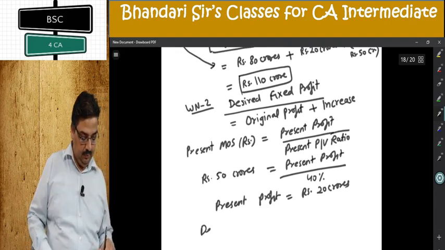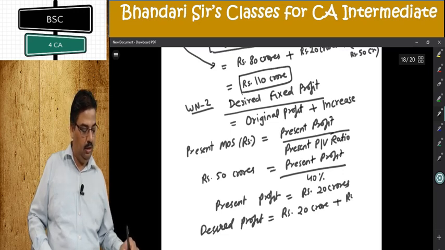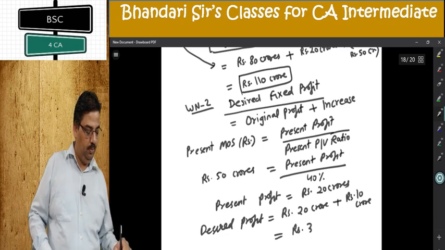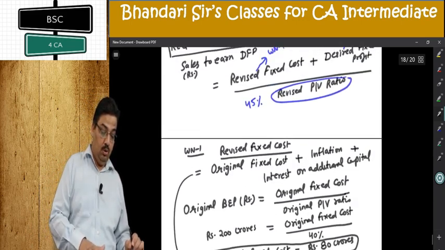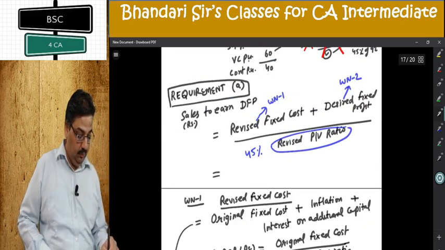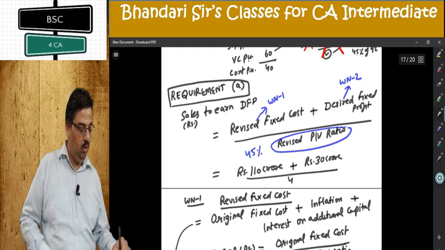Desired profit is rupees 20 crore plus increase wanted rupees 10 crore, rupees 30 crore. So now I can get back to this formula. 110 crore plus rupees 30 crore, whole divided by 45%.